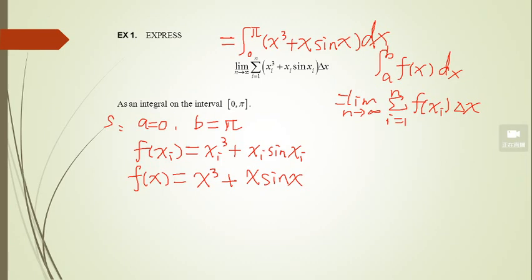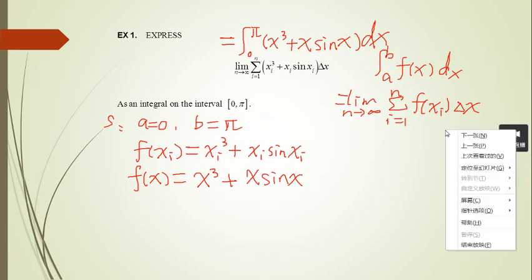But how can we evaluate this definite integral, find its value? It will be another topic. It's not easy because this function has a cubic term and involves the trig function. We will talk about it later.